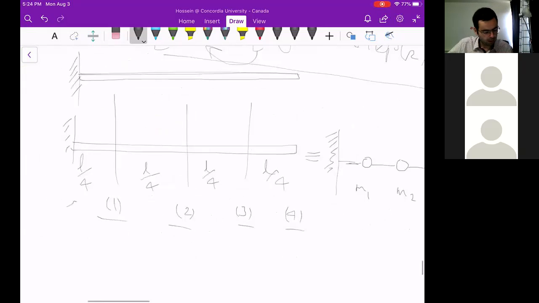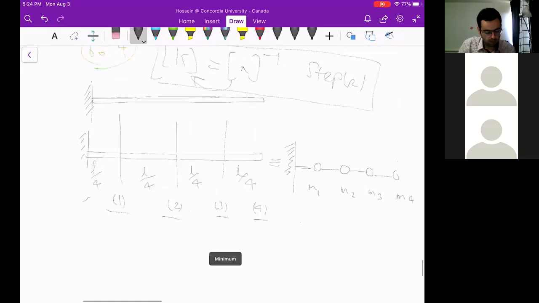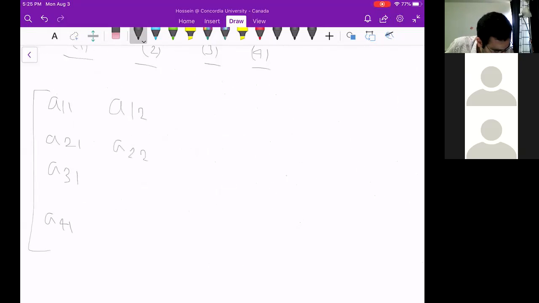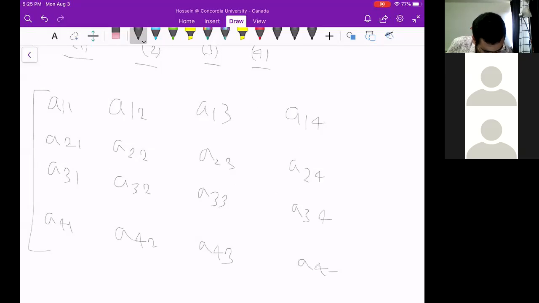So there are 4 points, and the matrix should be like this: A11, A21, A31, A41, and A12, A22, A32, and A42, A13, A23, A33, A43, and A14, A24, A34, and A44.